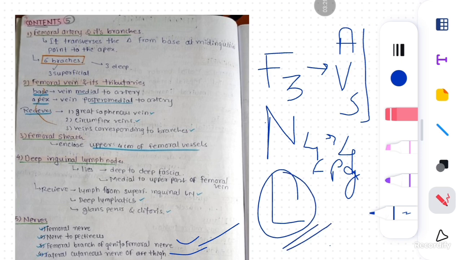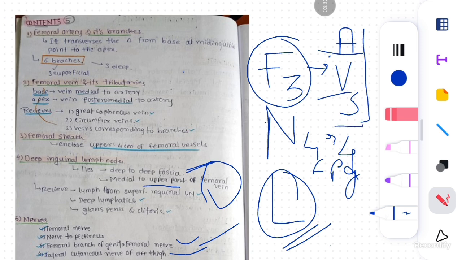So deep inguinal lymph nodes lie deep to the deep fascia and medial to the upper part of the femoral vein. And next in F3: femoral artery, vein, and sheath. Femoral artery has 6 branches, 3 superficial, 3 deep.